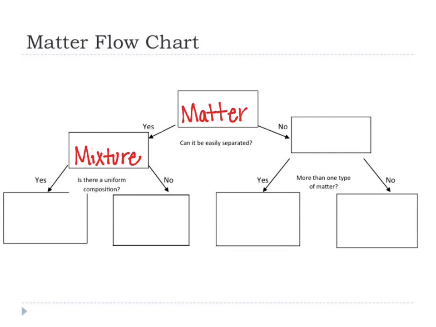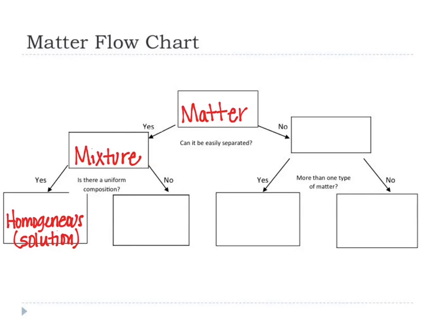Now, you look at your mixture and you say, is there a uniform composition? If there is a uniform composition, it looks the same throughout. What type of mixture is it? Homogeneous. Another word for homogeneous, and you're going to hear me say it all the time, is solution. That is synonymous.